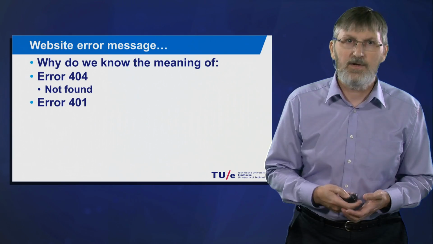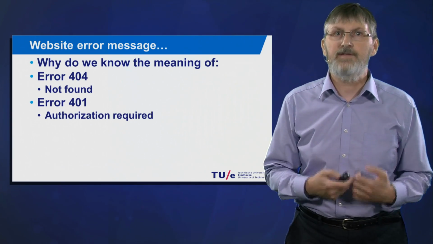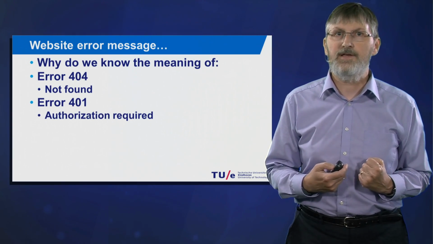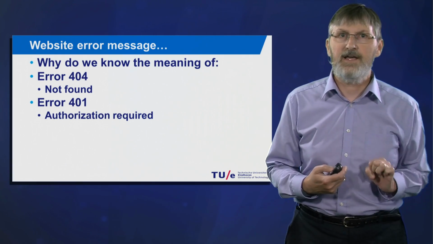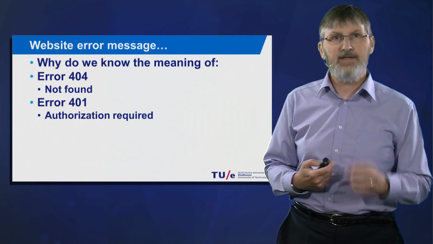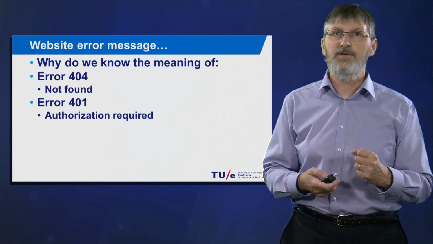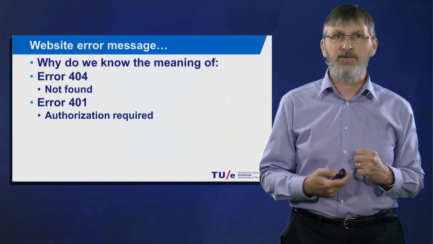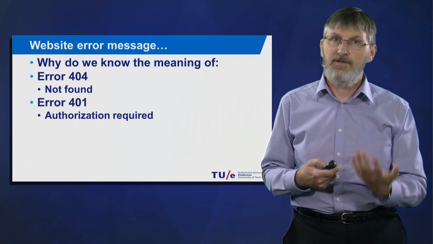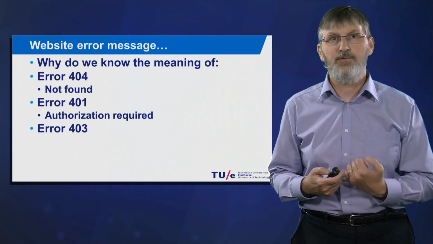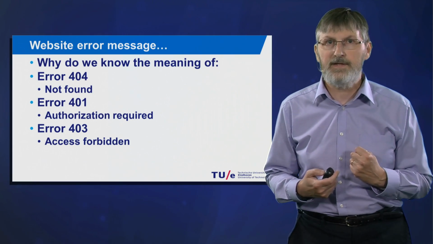And maybe you also know error 401, which says that you must provide authorization. Although this is less likely, the browser may capture this error and then show you a dialog box so that you can try to get authorized. There is another message, error 403, that says that access is forbidden.